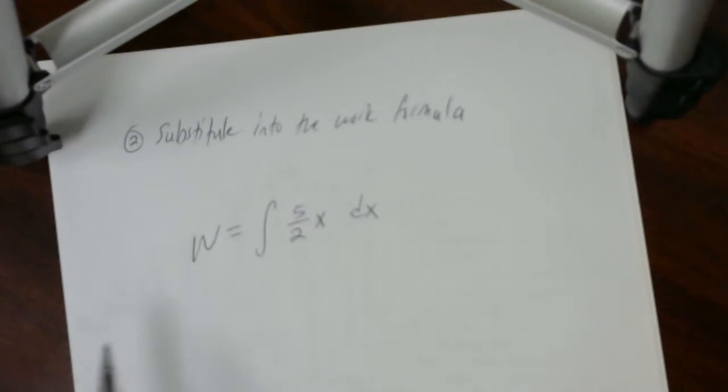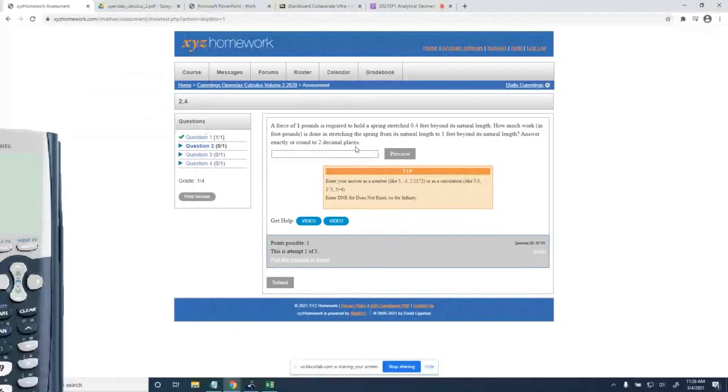So what are our limits? Well, if we take a look back at our problem, we're stretching the spring from its natural length to 1 foot beyond its natural length.